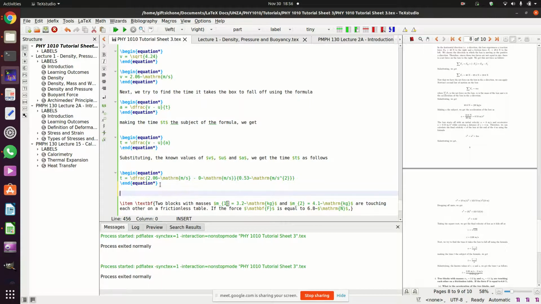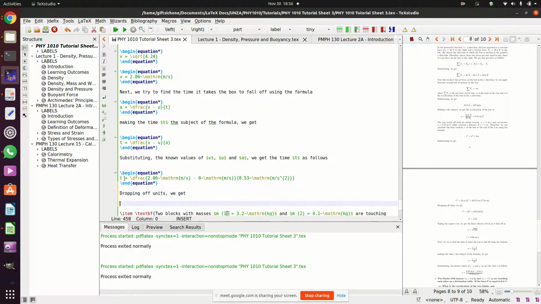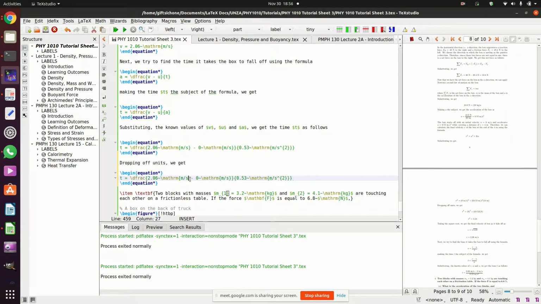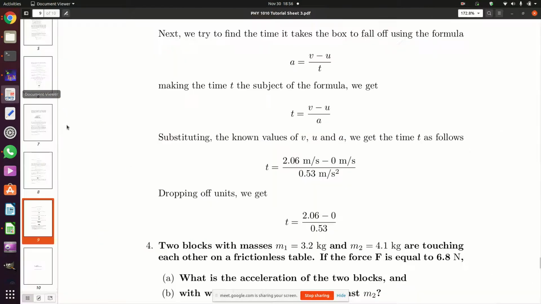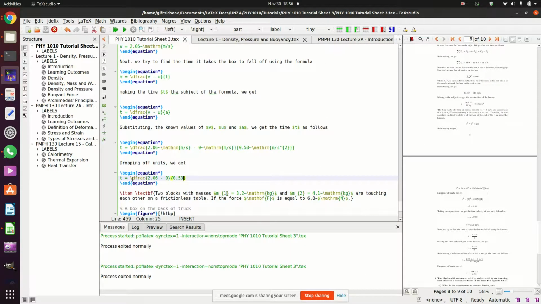So again, dropping off units, we get this, which is also equals to that, which is equals to how much?